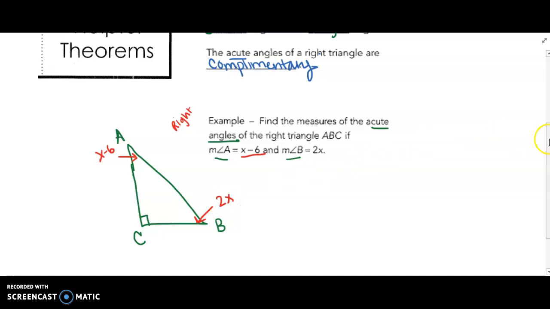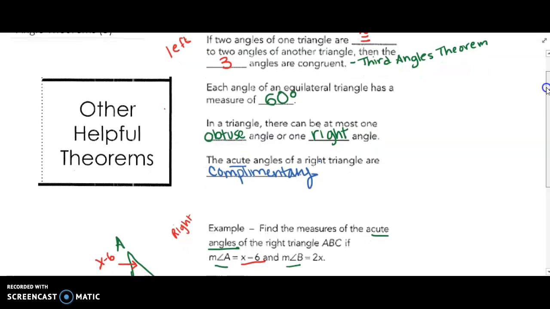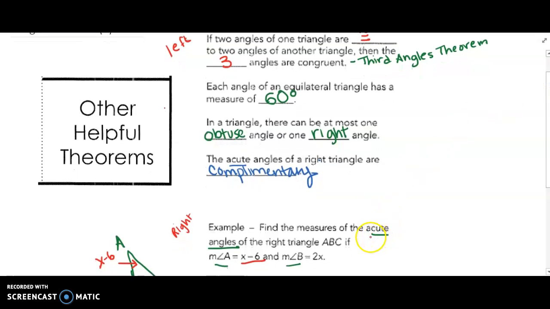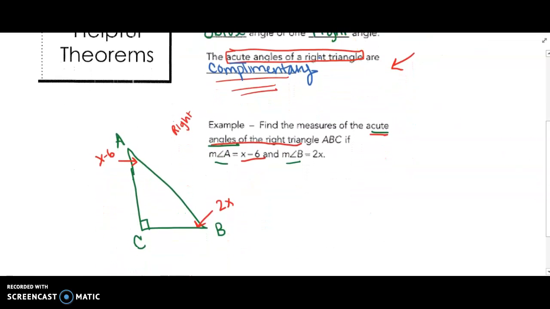All right, so if I go back and I look at each of these that I just did, which of them talks about the acute angles of a right triangle? Well, look, acute angles of a right triangle are complementary. So I'm going to use this one right here. Okay, so the two acute angles of a triangle are complementary, which means that x minus 6 and 2x are complementary.